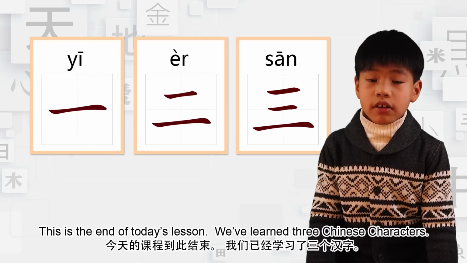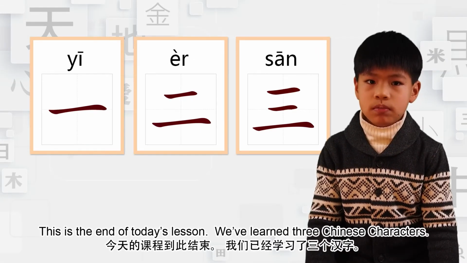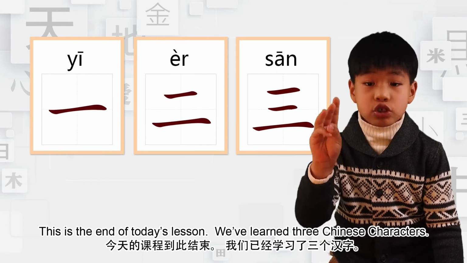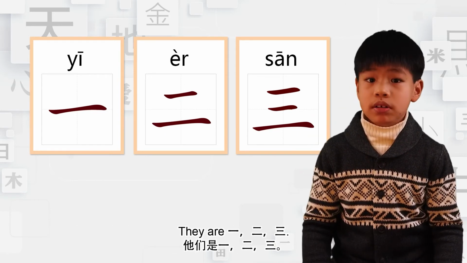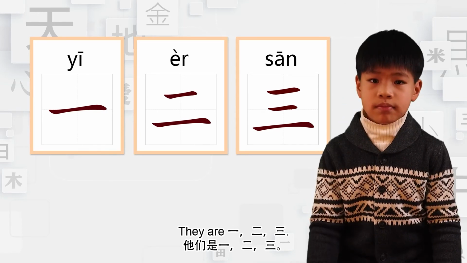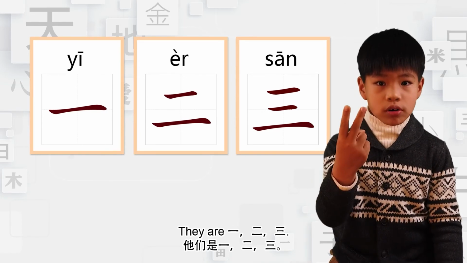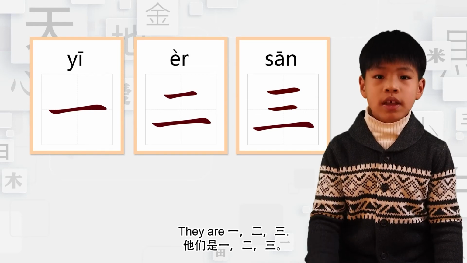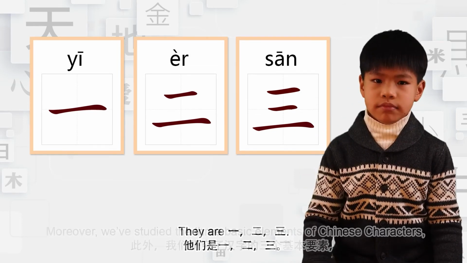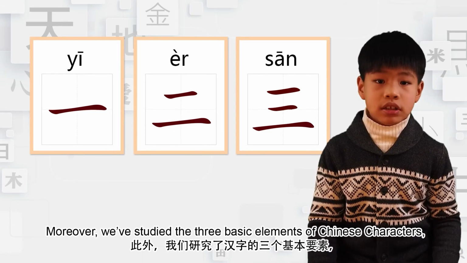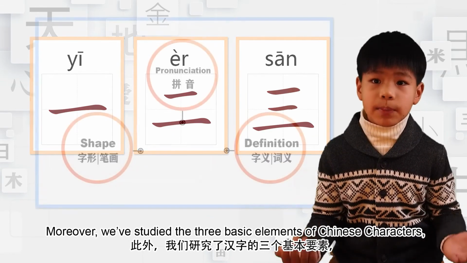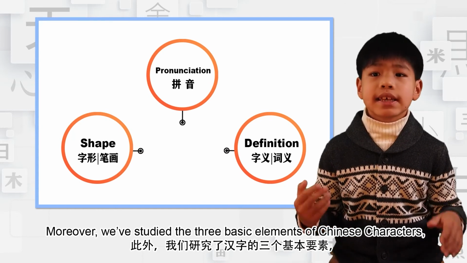This is the end of today's lesson. We've learned 3 Chinese characters. They are 一、二、三. Moreover, we studied the 3 basic elements of Chinese characters.